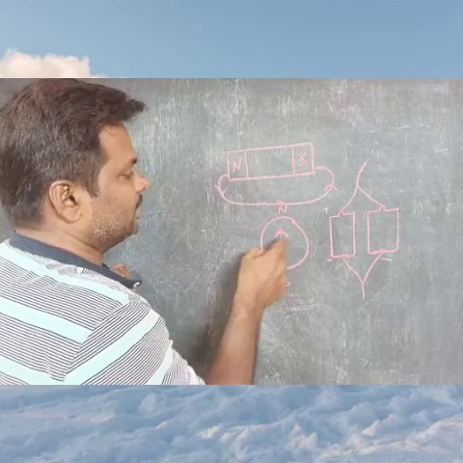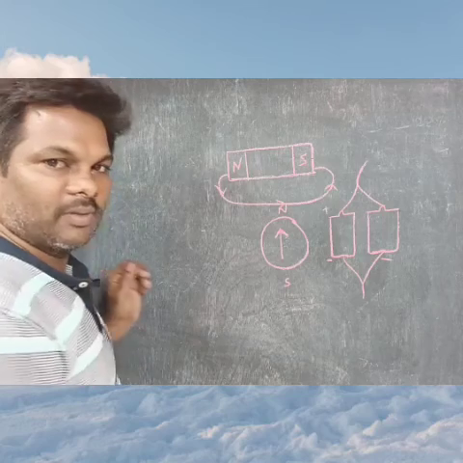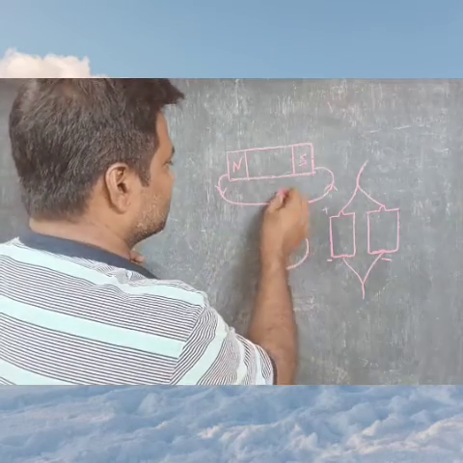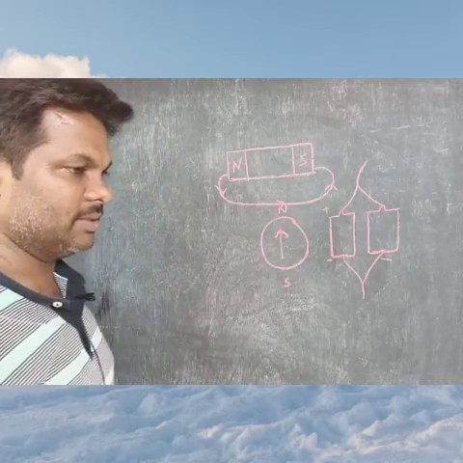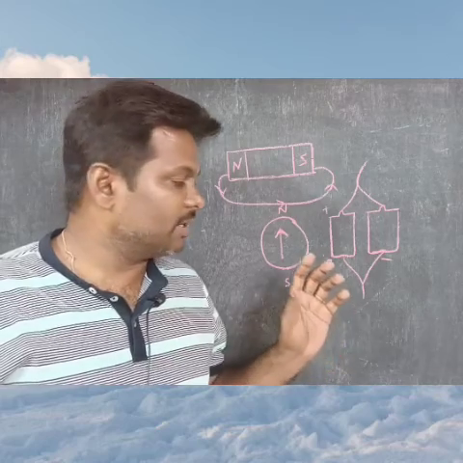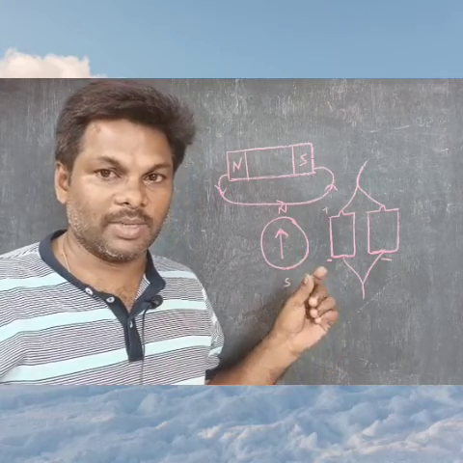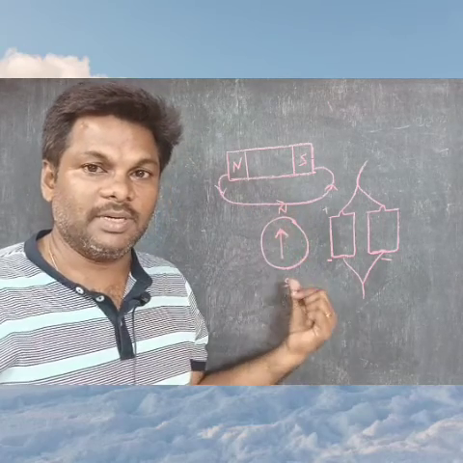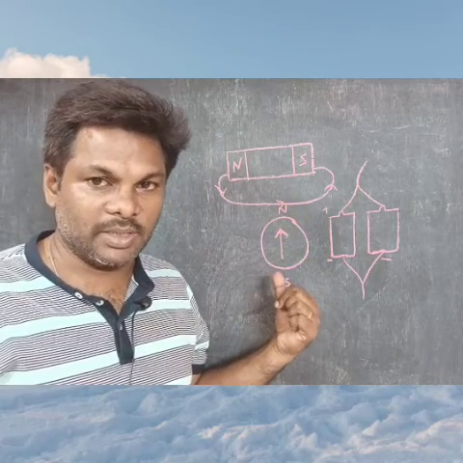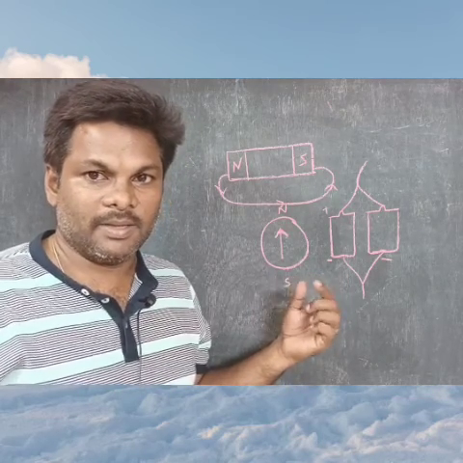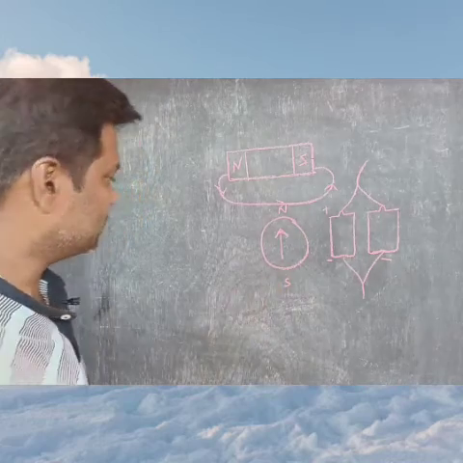In this way, it shows the north and south poles of the magnet. It means if you keep a compass box near the magnet, it will deflect and show the directions of the magnetic field.